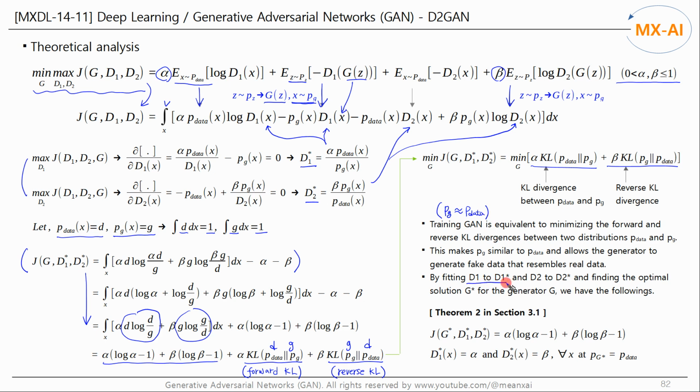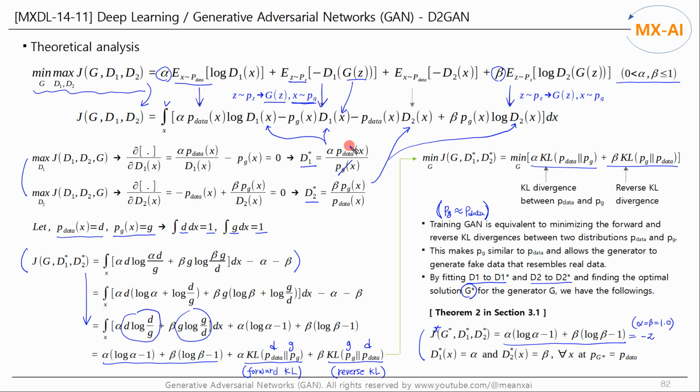By fitting D1 to D1 star and D2 to D2 star, and finding the optimal solution G star for the generator G, we have the following. In theory, for the optimal G with PG equal to P data, the KL divergences become 0. In this case, J star becomes this value. When alpha and beta are both 1.0, J star converges to -2.